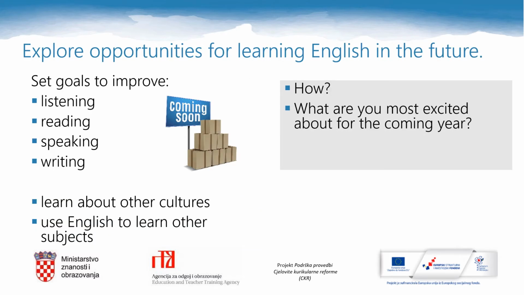You can explore opportunities for learning English in the future. You can set goals. Setting goals is important in all four skills. Goals for your listening skill, reading, speaking and writing.